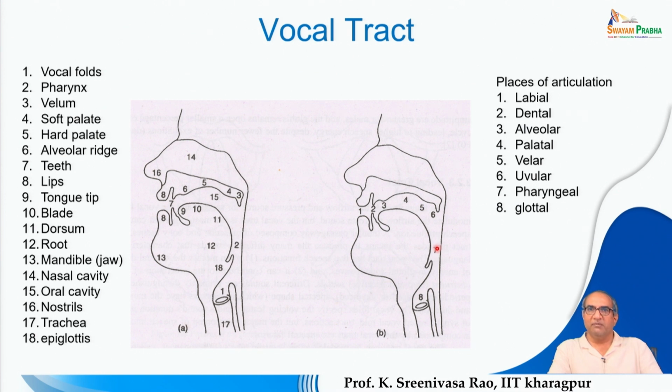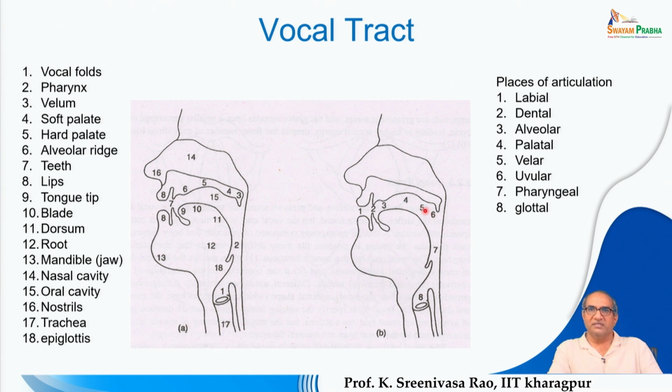Then sometimes the pharyngeal cavity might be closed for certain sounds, and some sounds are produced by closing at the velum, where the entire air is blocked and then, after some time, released. With that, some sounds are produced.